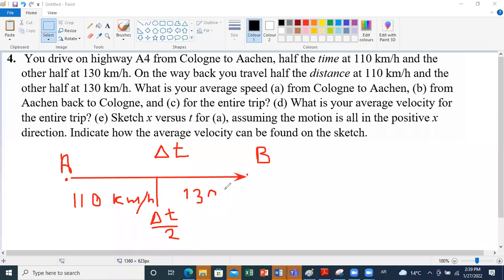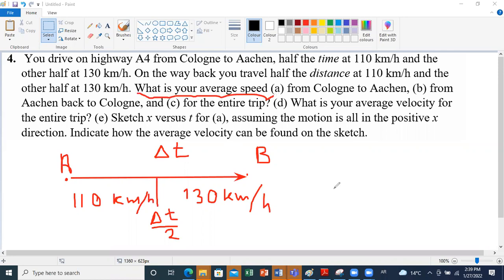Of course, the distances traveled in these two phases will be different, because I am faster in phase 2, so I will move a larger distance in phase 2. Now, the first question is to find what is my average speed.